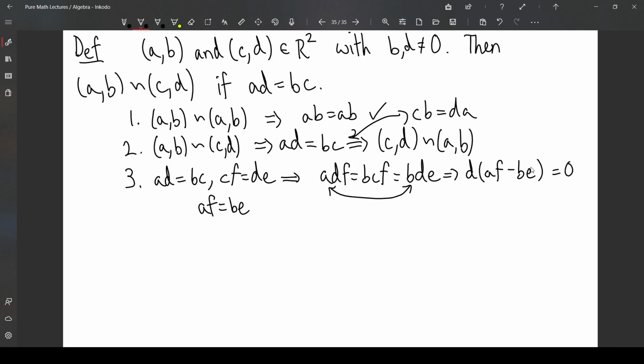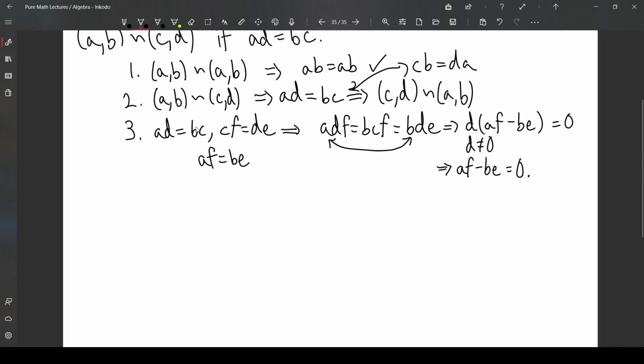And since R is an integral domain and D is non-zero, we know D is non-zero by assumption here, right? D is non-zero, and since this is an integral domain, this implies AF minus BE is 0.